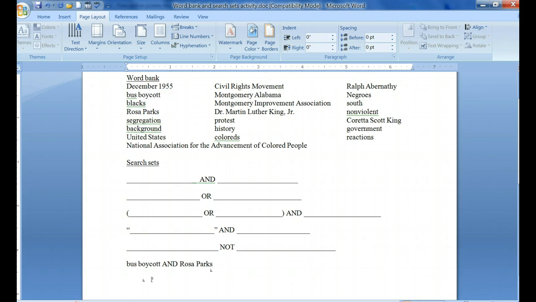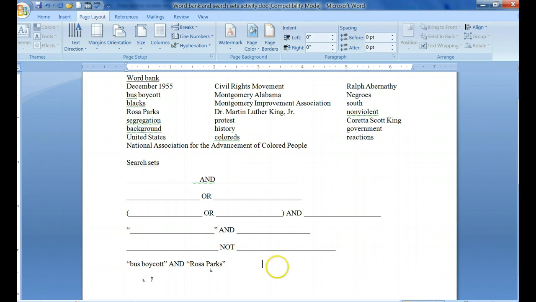We can convert them into unit search terms by enclosing them in quotation marks. Do that right quick. Now each of those terms is going to function as one thing: bus boycott and Rosa Parks. I think that's a pretty good, precise search.